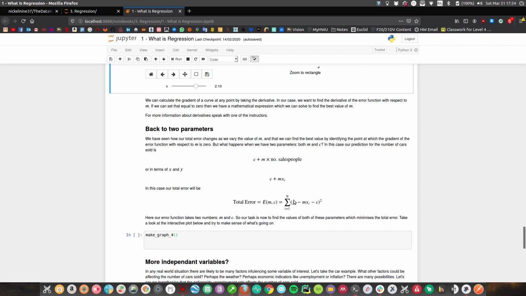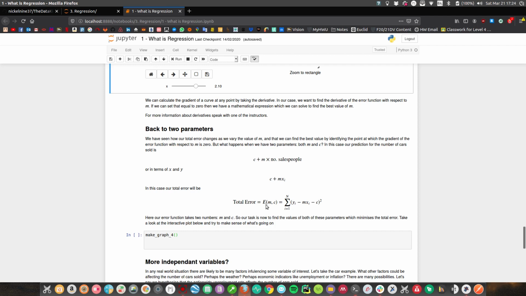So our observation is yi, and we're subtracting our prediction, c plus mxi, and we're squaring that, and we're adding that up across all our data points. So this little sub-notation here is going to run from 1 to n, which is 5 points in our case. And we're going to add all of that up. So now our total error is not just a function of m, but it's also a function of c.